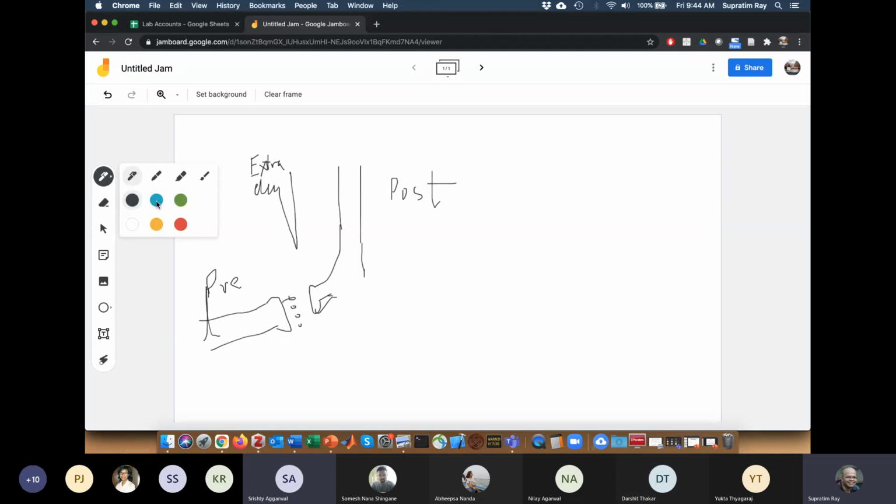Because of these neurotransmitters, the ion channels open, and then ions will move. Some ions will move inside the postsynaptic neuron. So initially, the sodium channels will open, right? So sodium current is going to go in, and that's going to depolarize this guy, right?